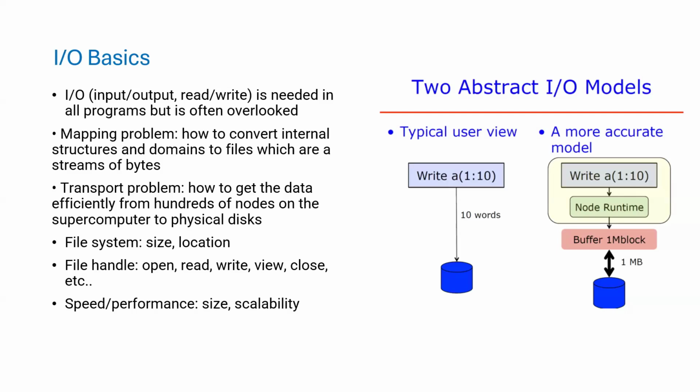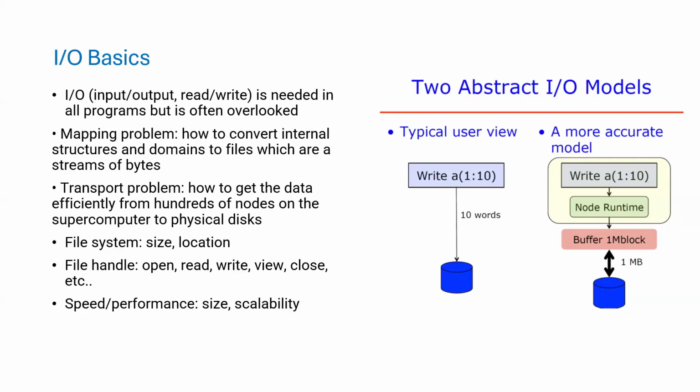One is the mapping, that is, how to convert internal structures and domains to files, which are streams of bytes. The other is transport. That is how to get the data efficiently from hundreds of nodes on the supercomputer to physical disks.